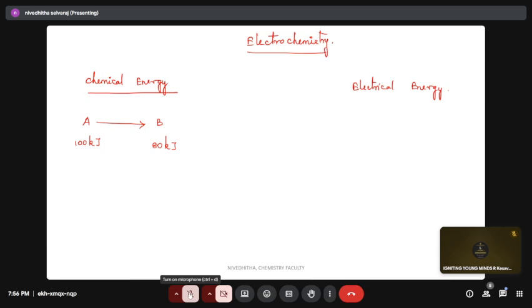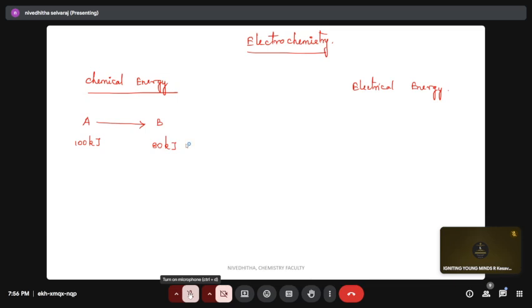So, how much unit of energy was released? 20 kilojoule. Yes. So initially A had 100 kilojoule of energy, but now the product has only 80 kilojoule of energy, which means the remaining 20 kilojoule of energy was released. And here this 20 kilojoule of energy is the chemical energy involved in this reaction.